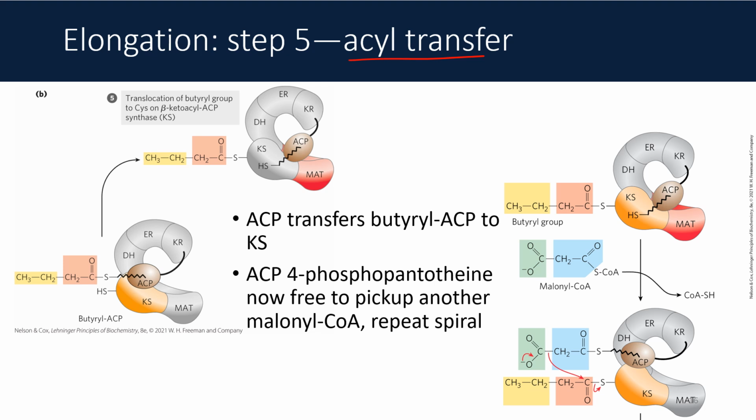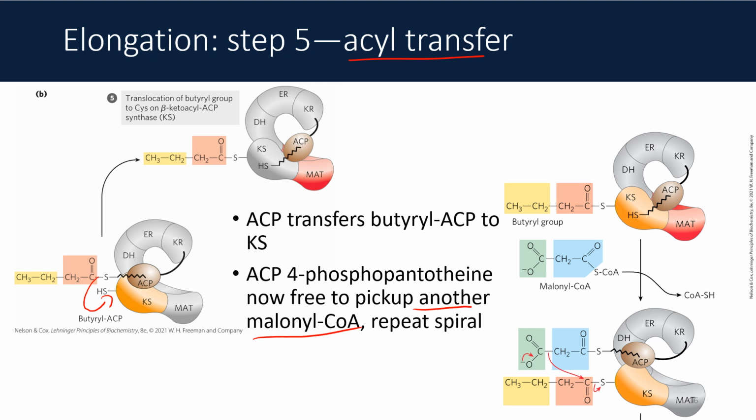So ACP is going to swing back to KS. We will have a trans-thioesterification occur and deliver this growing chain onto that cysteine, which will free up ACP, which can just go down to the next door neighbor, MAT, and then pick up another malonyl-CoA unit. And once we do that, we can repeat the spiral.